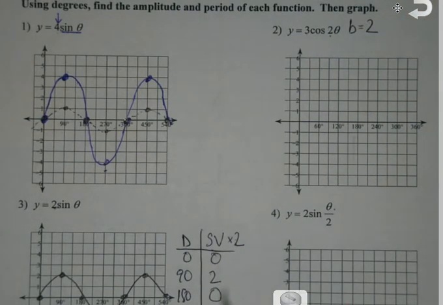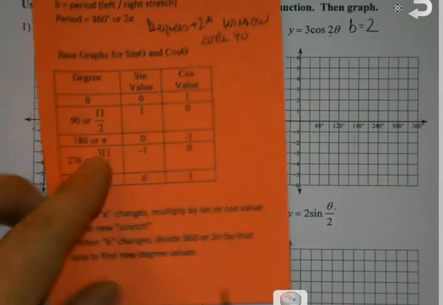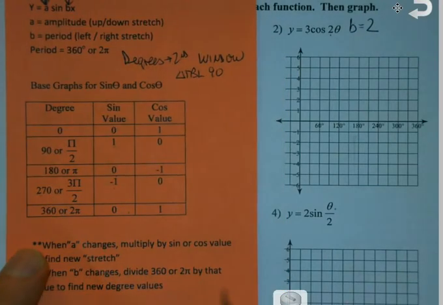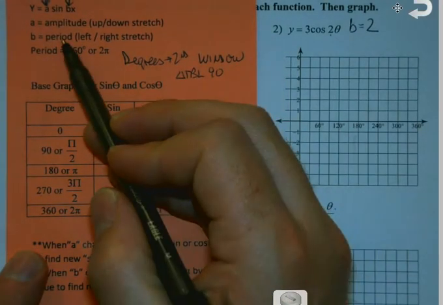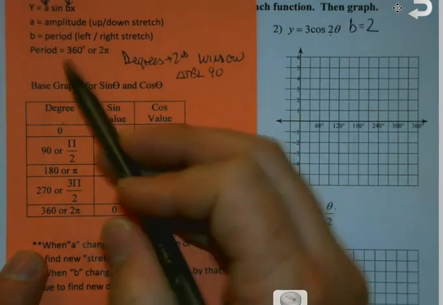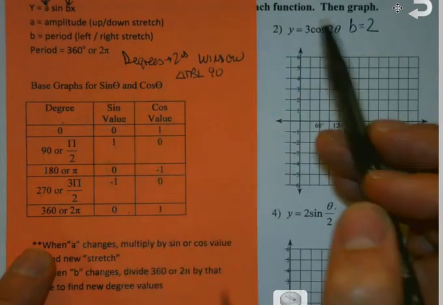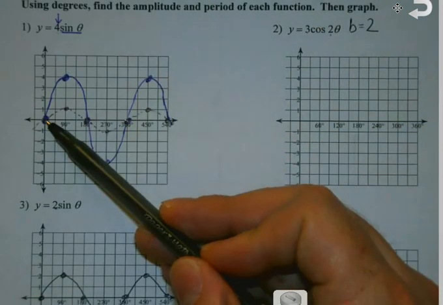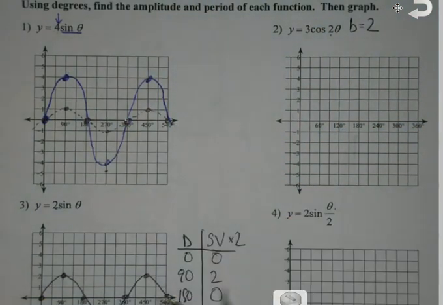What's that mean? What that means is normally my period, my values that I look for to plot are 0 through 360, because it completes a cycle. Notice I started at 0, I ended at 0, okay? You start and end in the same place.